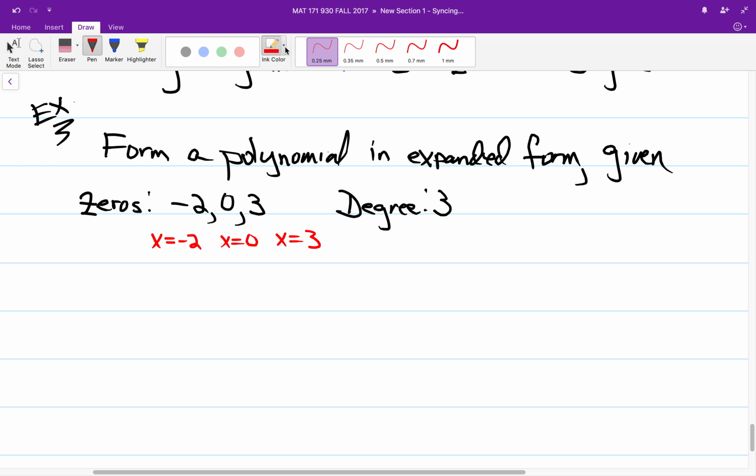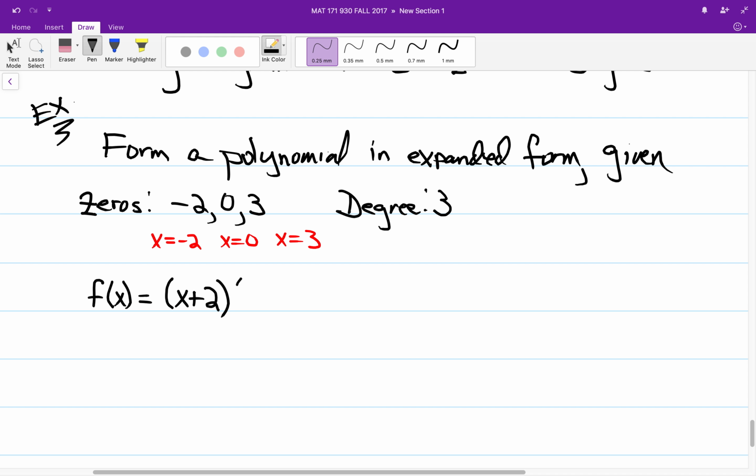In the case of the factored form, think of it as the zero product property taken in reverse. So x equals -2 originates from a binomial along the lines of x plus 2. You might have 2x plus 4 or 3x plus 6, but the most basic is x plus 2. If x plus 2 is 0, x is equal to -2.